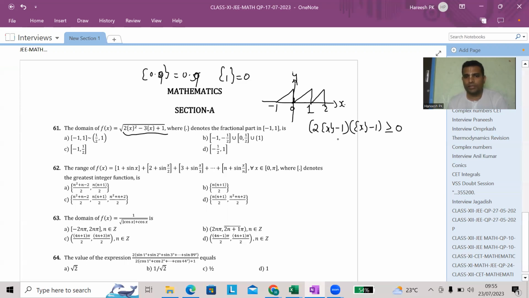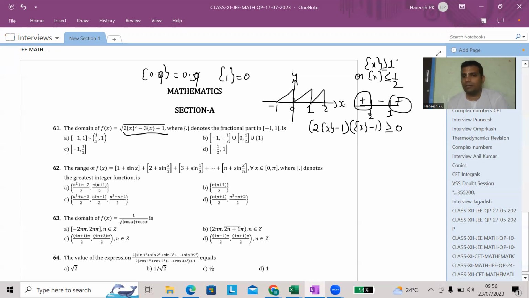Using the wavy curve, the roots are half and 1. So on the right side, it will be positive, negative, positive. So that means fractional part of x should be greater than or equal to 1, or less than or equal to half.